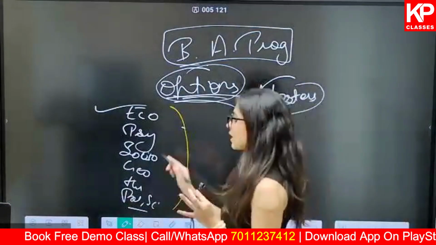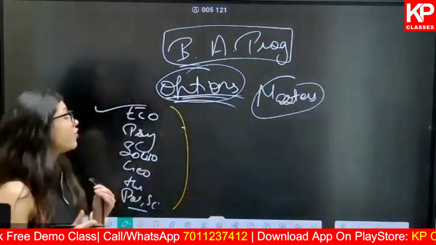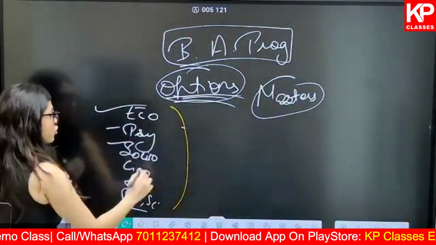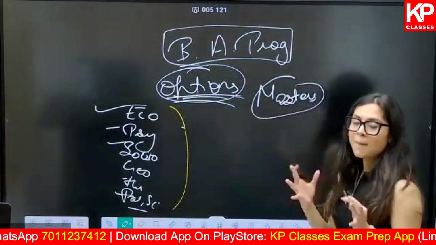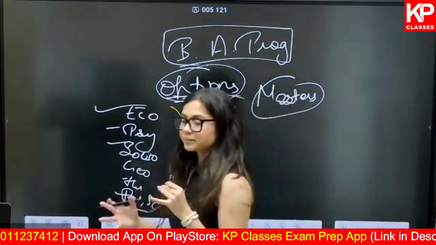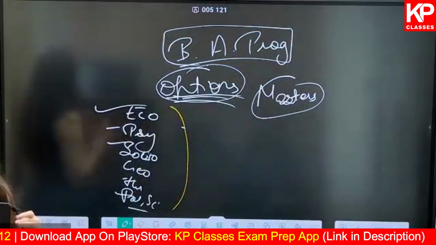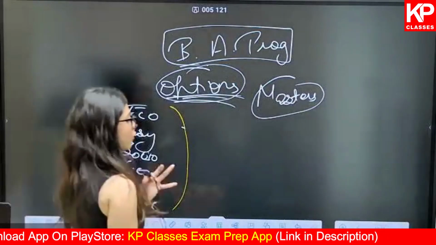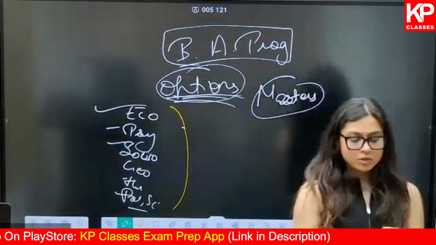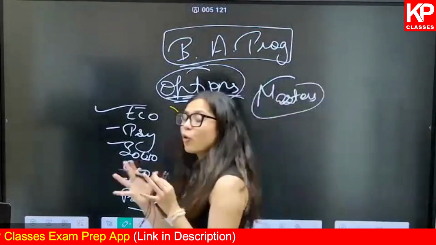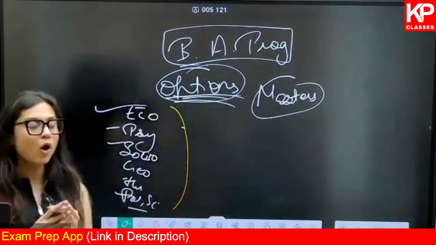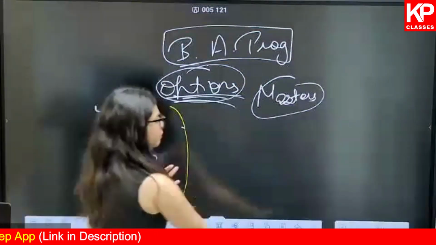By studying all of these, I can choose whether my interest is in socio, geography, history, or political science. So it will open the doors for my masters. Fine. So these are the career options, and the difference between the BA program and the other honors courses.